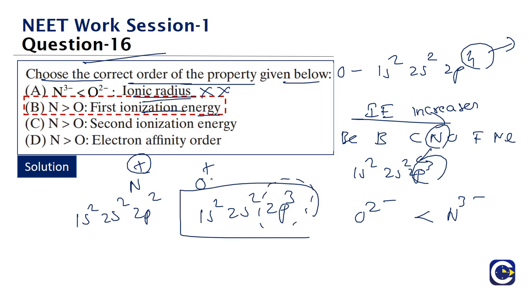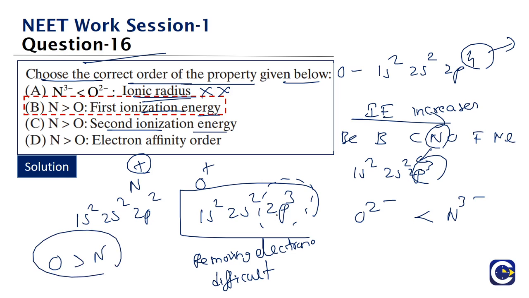Not oxygen here, it is O+. In case of O+, we have the half-filled p structure. So removing an electron from here will be difficult, because it now has the half-filled p structure. So when it comes to the second ionization energy, nitrogen will not be more than oxygen. It is the oxygen that is going to be more than nitrogen.